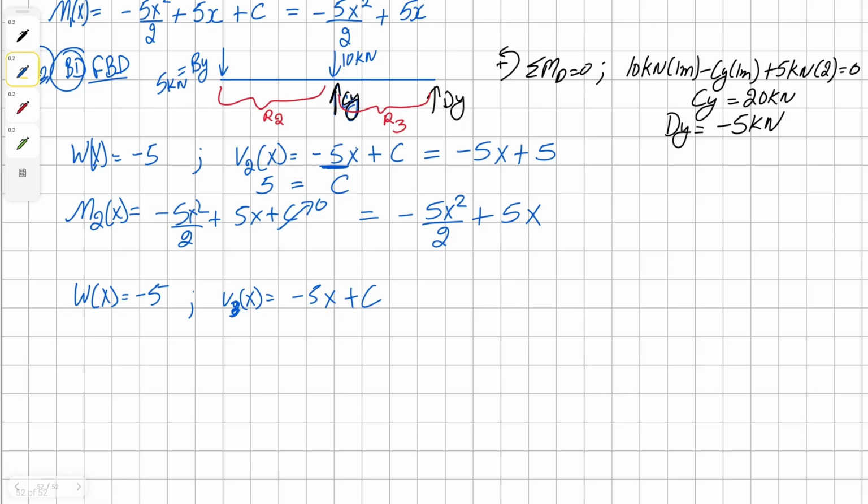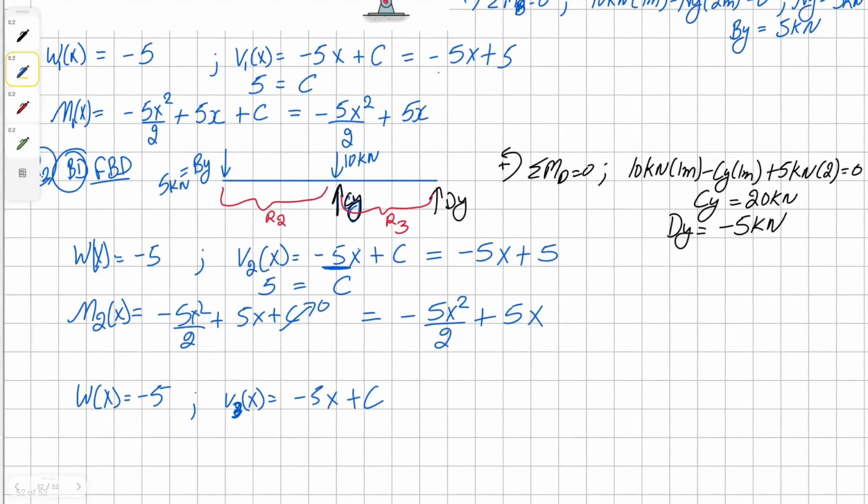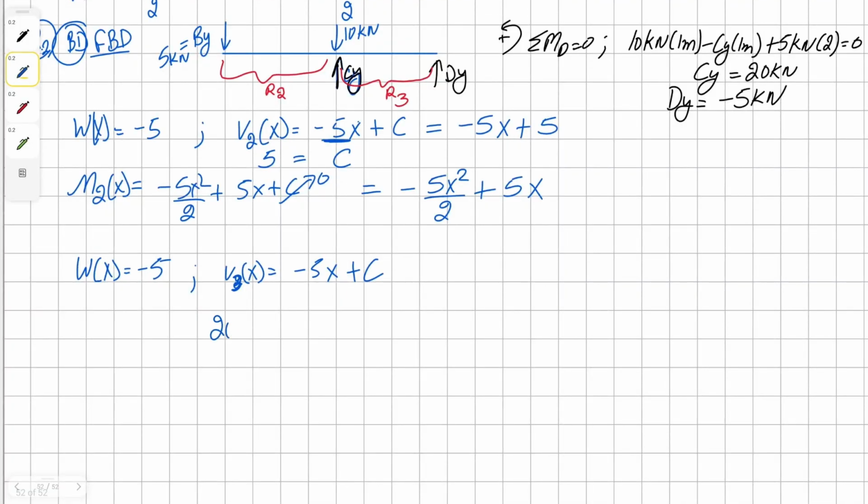So we know we're going to have a push up from Cy, and Cy is 20 kilonewton. And then we have our value from shear equation number 2, which is negative 5 times 3 plus 5, and then we have negative 5 times 3 plus c.